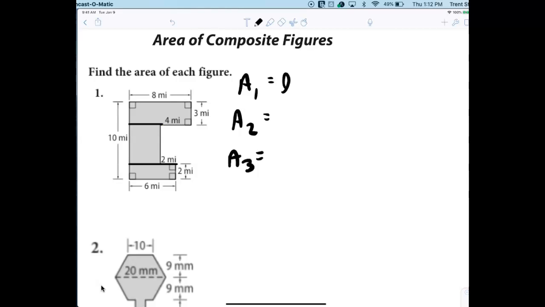So it's just LW, LW, and LW, or I should have said base times height. It doesn't matter, LW or base times height. Does everybody agree with that? For whatever reason, kids see a bunch of numbers and they get confused. So I always tell kids, please just draw the rectangle.